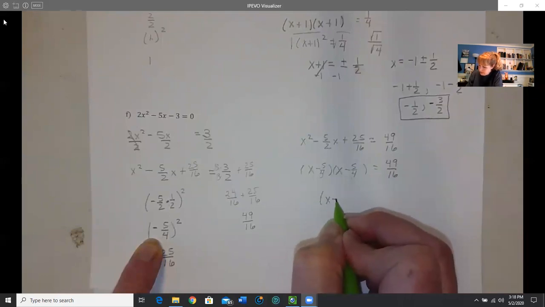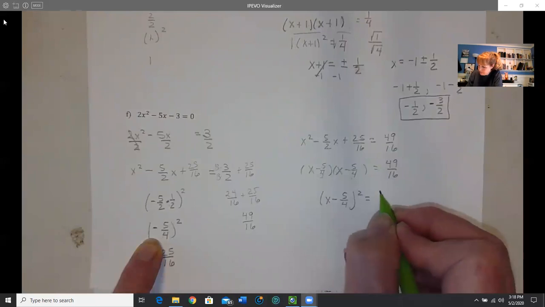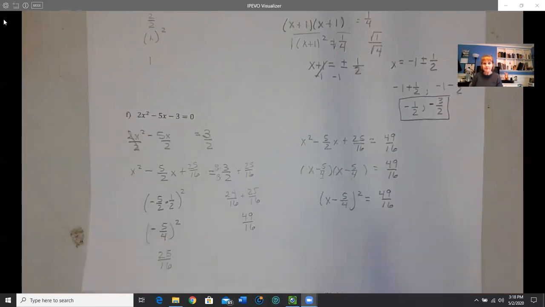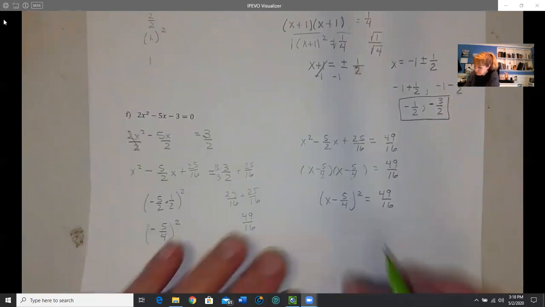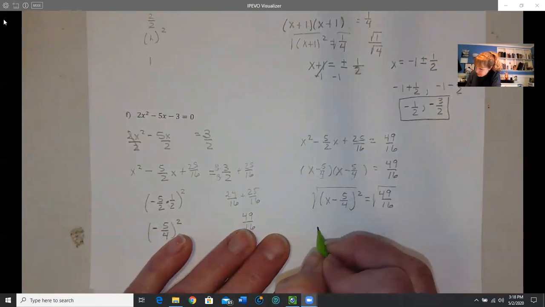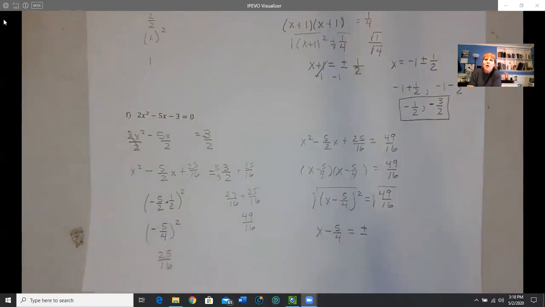So I have x minus 5/4 squared. Okay, take the square root. This leaves you with x minus 5/4 plus or minus the square root of 49/16.